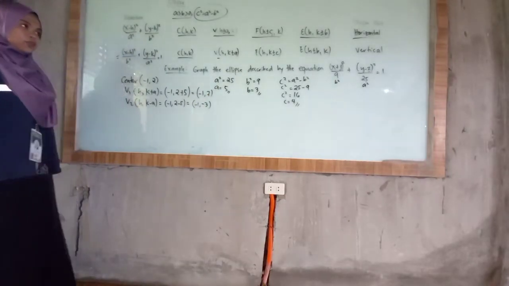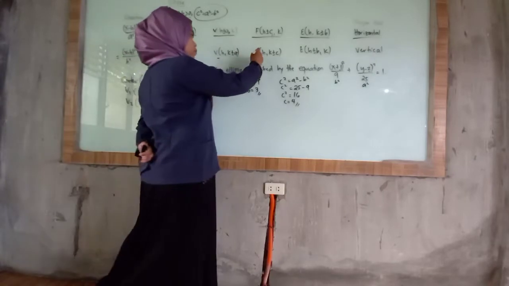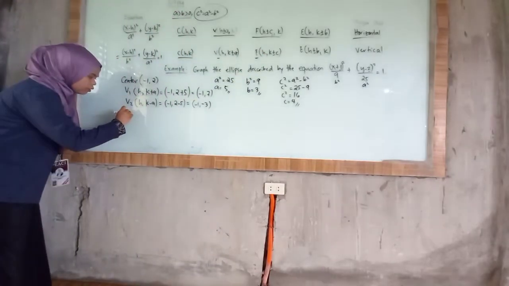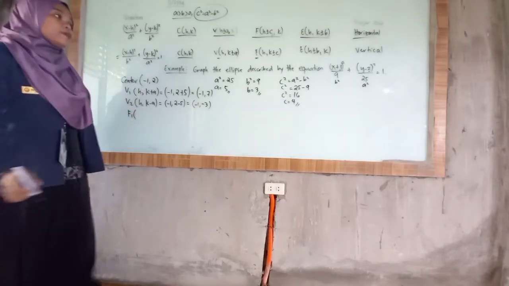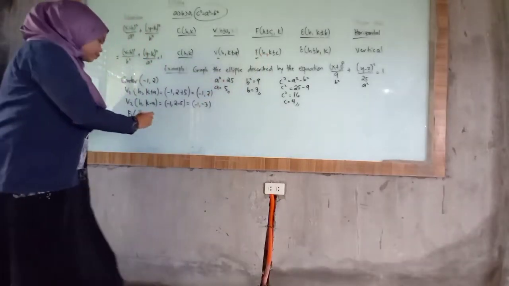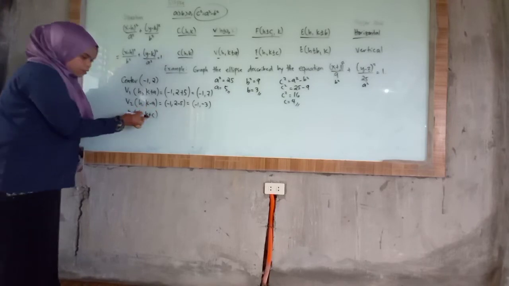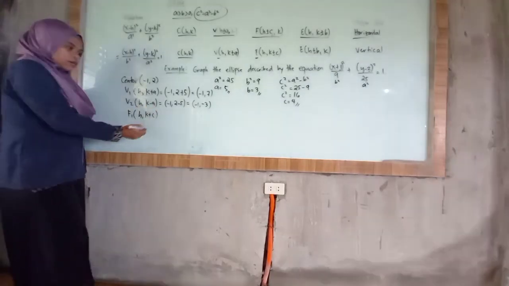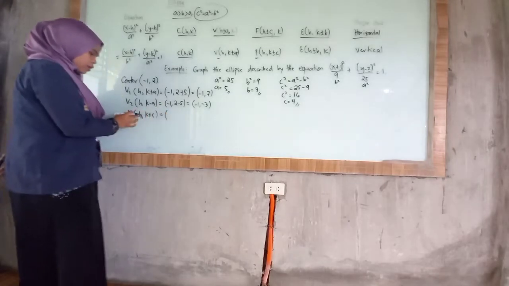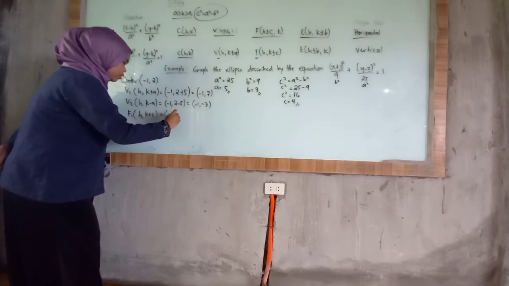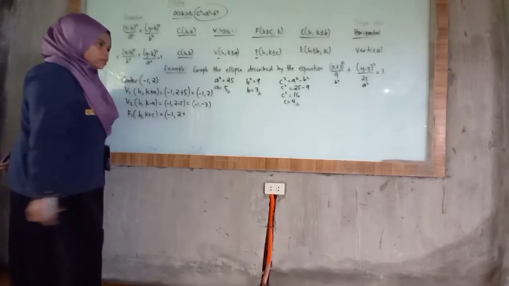V1 is okay, next we have to get the foci. Okay, so F1, the formula for F1 will be H, tapos K plus C. Positive yung sabihin. So you have to substitute again the value of H and K. So we have negative 1, 2, ano yung C natin?